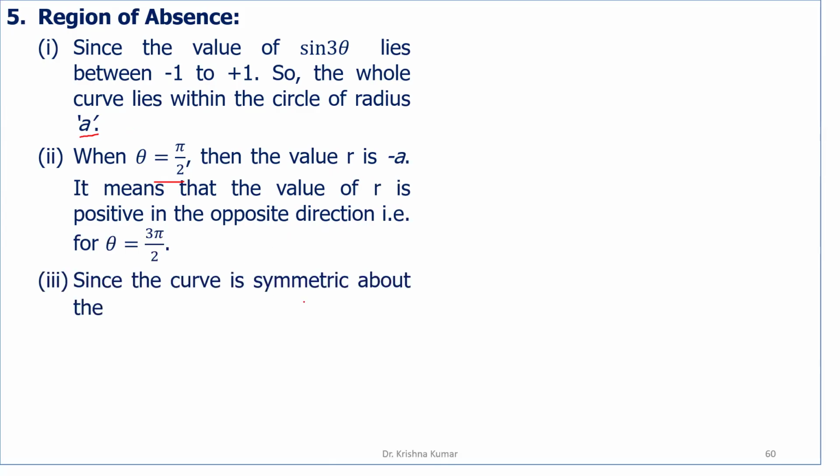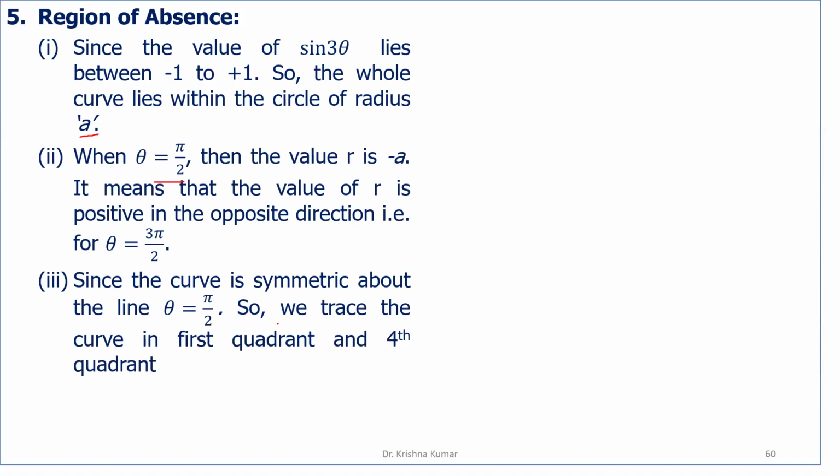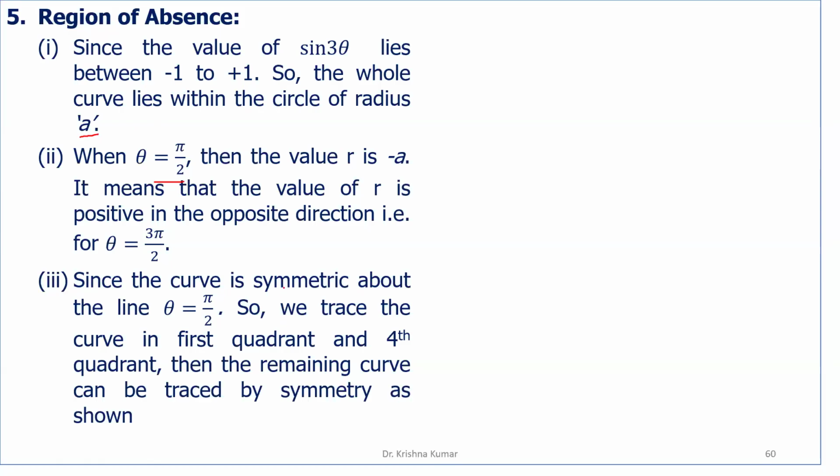Since the curve is symmetric about the line θ = π/2, we trace the curve in the first quadrant and fourth quadrant. Then the remaining curve can be traced by symmetry as shown in the figure.